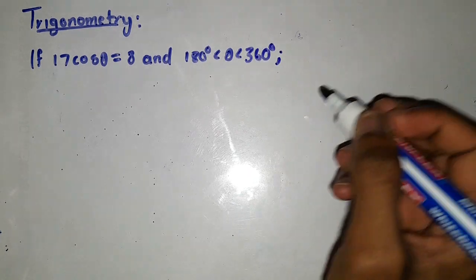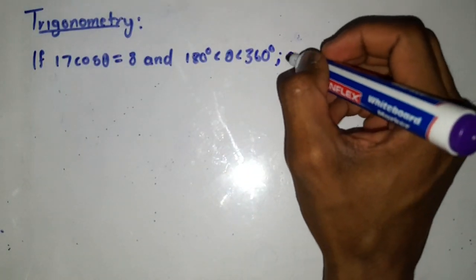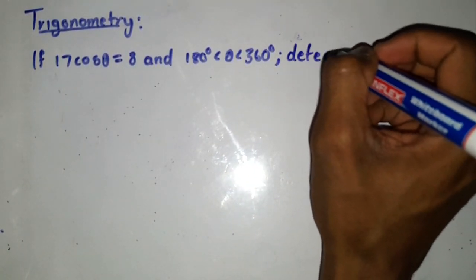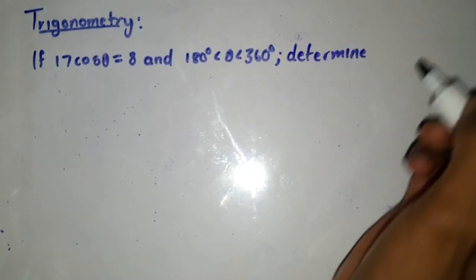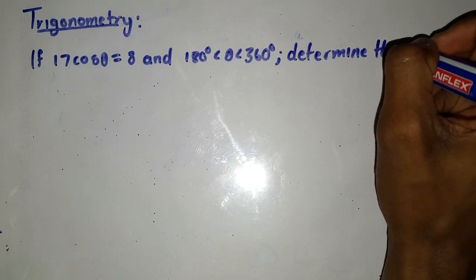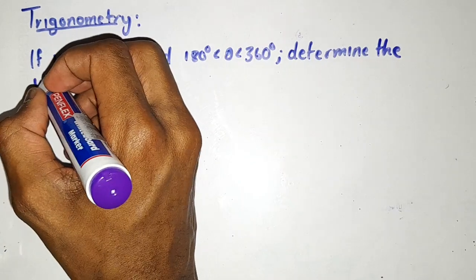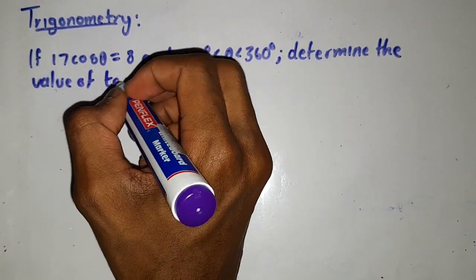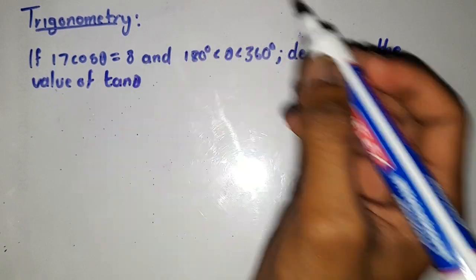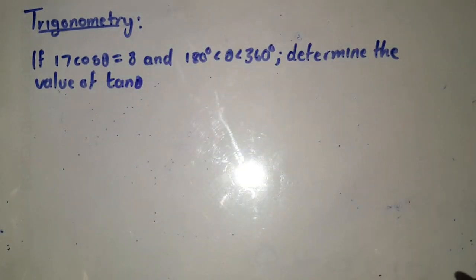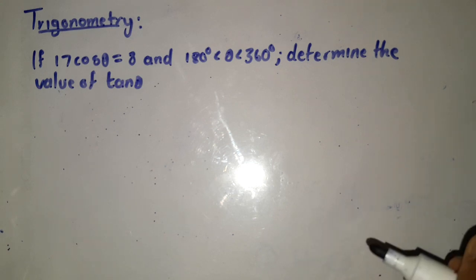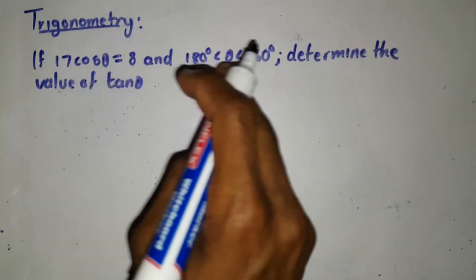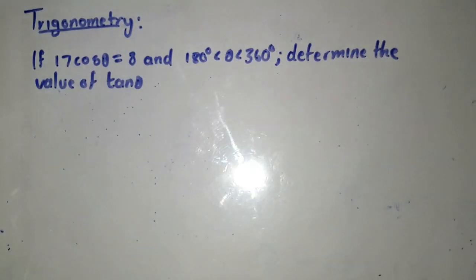Then they want us to determine the value of tan. How are you going to solve this problem? They gave us only these two items, the equation and the inequality.